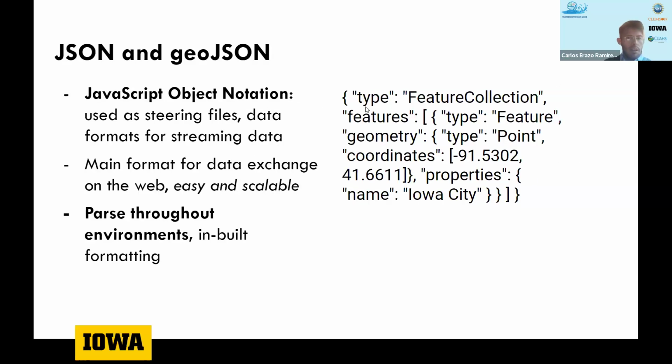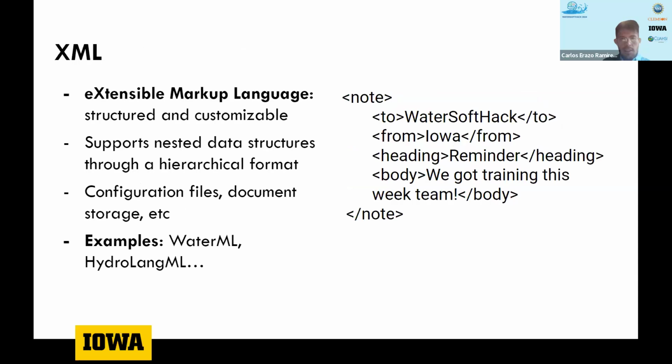So that's how it's called. What type of feature do I have? It's a geometry. What kind of geometry do I have? It's a point. What are the coordinates for that point? Then the coordinate system that is in here, and afterwards the properties, the name Iowa City, for instance. And everything is just how am I going to collectively grab those things together and put them in a single place.